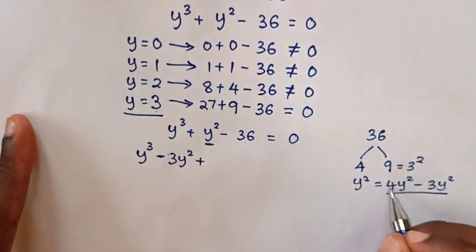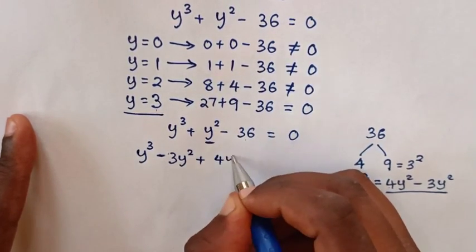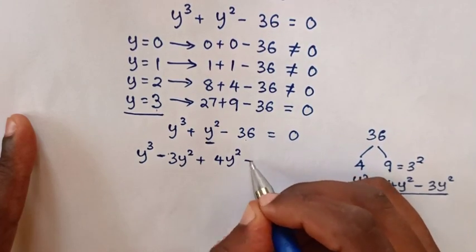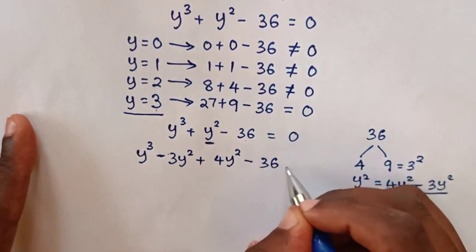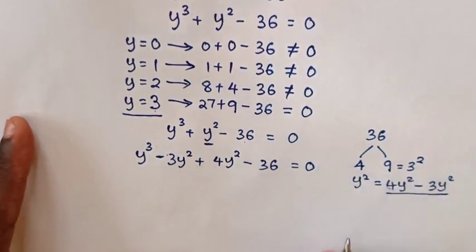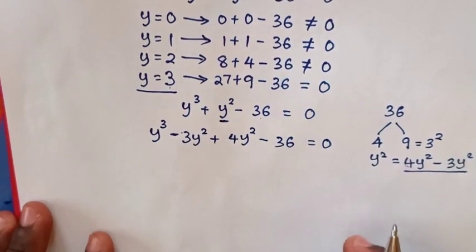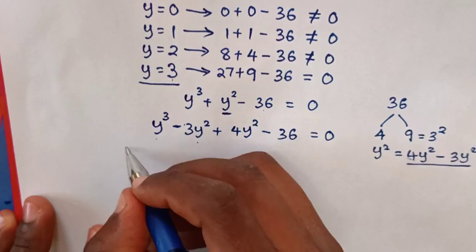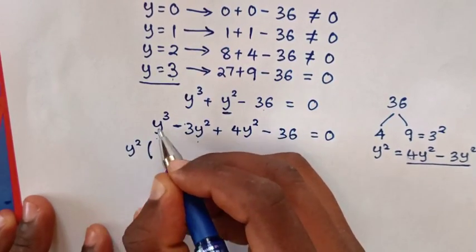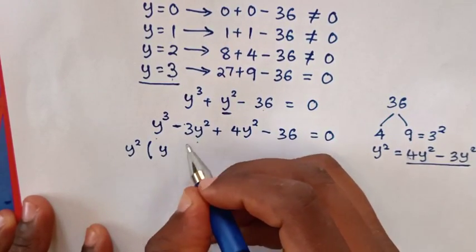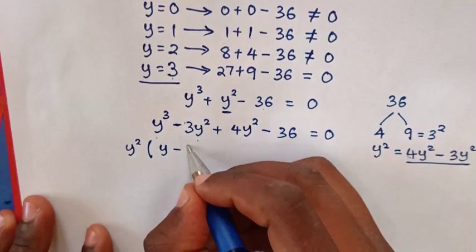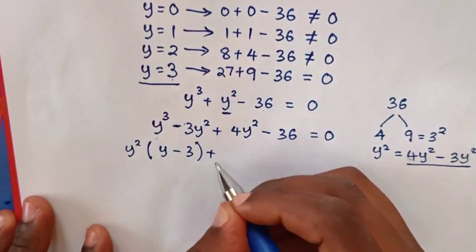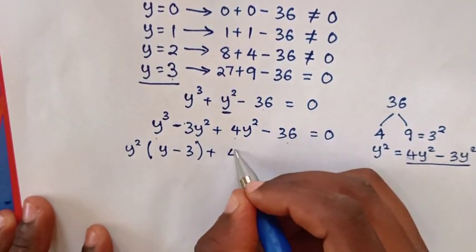then plus 4y^2, then minus this 36 is equal to 0. Then in the next step, here y^2 is common, so we take y^2 out of the bracket. This divided by this is y, this divided by this is minus 3, plus here 4 is common.